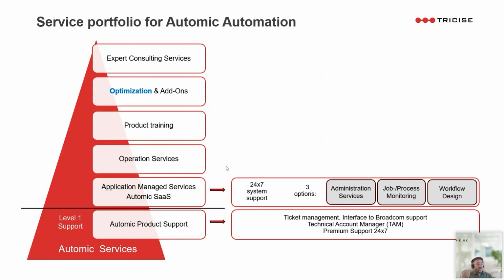You can consume administration services. You can have job or process monitoring services, doing operations for you, monitoring the environment, reacting on errors, etc. And if it comes to implementation and your company is running out of resources, for example, we can also do the implementation, the so-called workflow design for you.